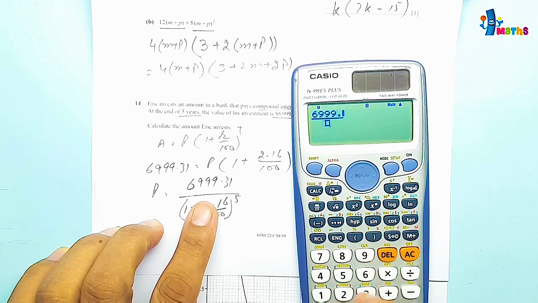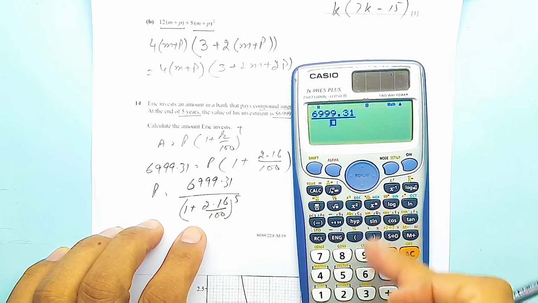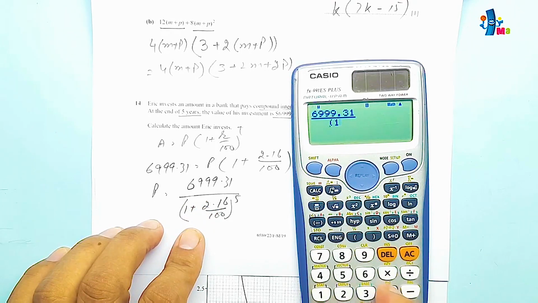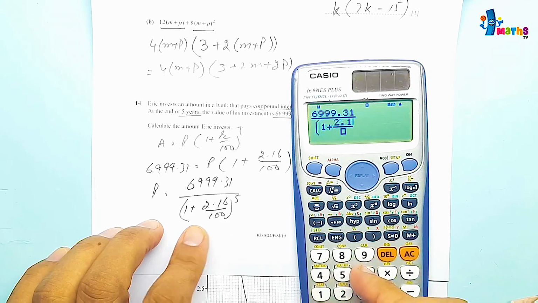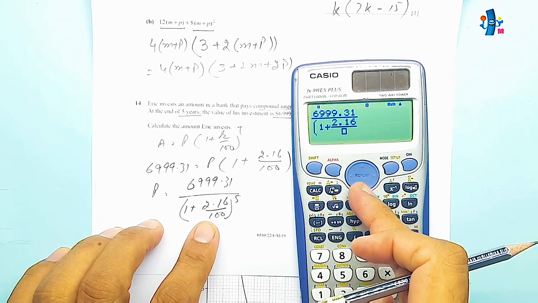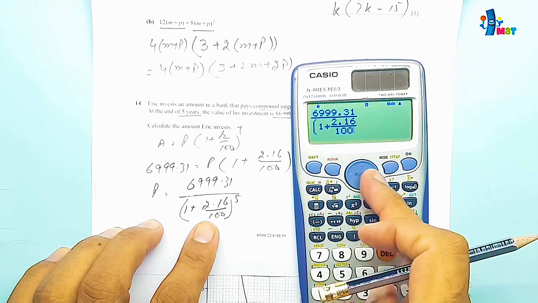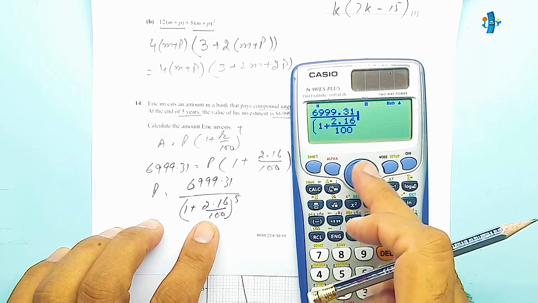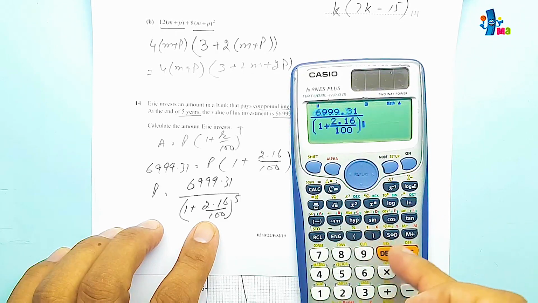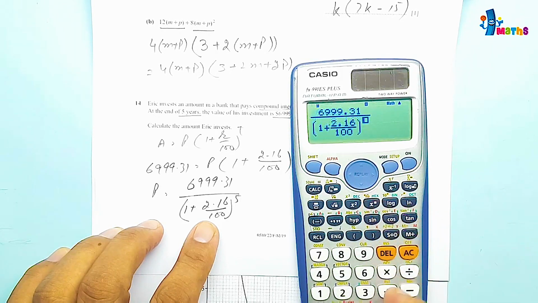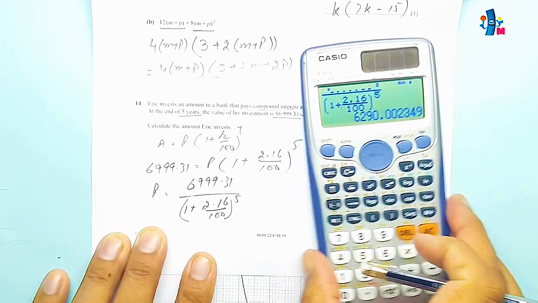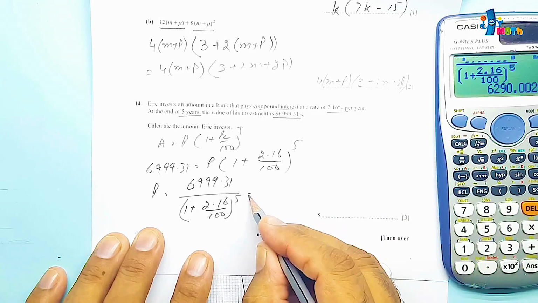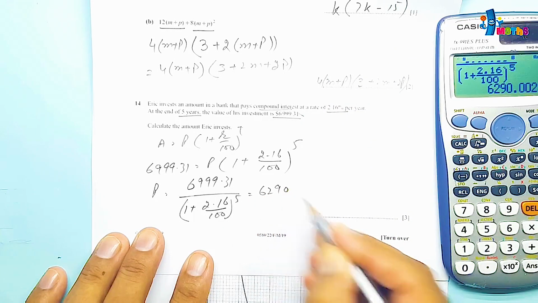This is 0.31 over 1 plus the fraction 2.16 divided by 100, and over here the bracket will be closed and the power will be 5, and this will be equal to 6290. So this is equal to 6290.